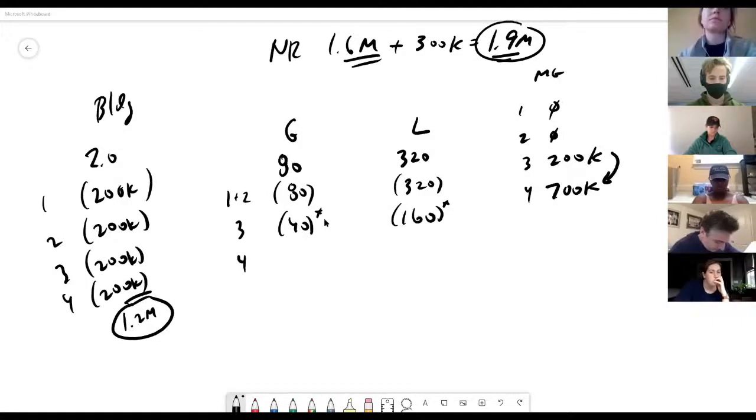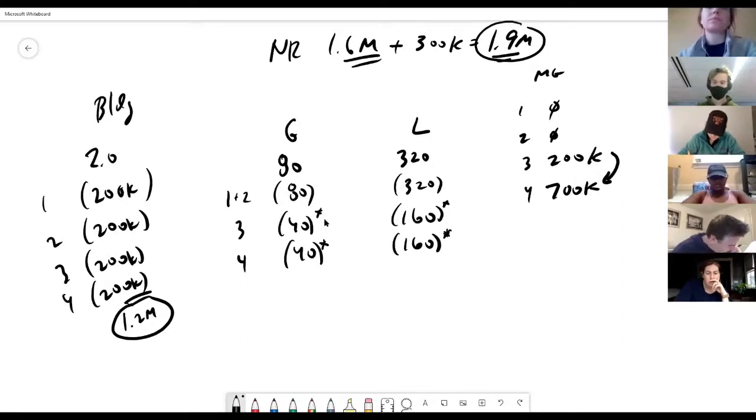And so our non-recourse deductions in year 4 are still only the 200, and that's still 40 and 160. And then we have the depreciation, and then we have the distribution of cash. It's going to go 60 and 240.